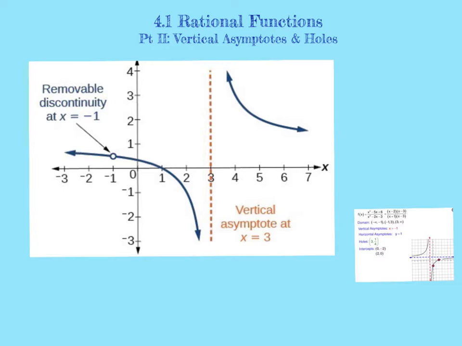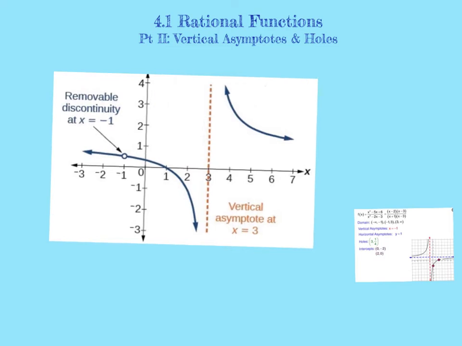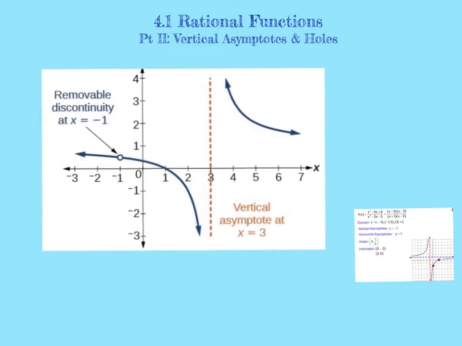So if you take a look at this big picture here, we have a vertical asymptote where x equals 3, and a vertical asymptote just means that our function approaches either negative or positive infinity as it approaches the vertical asymptote. So the way that we would talk about this vertical asymptote is that if we called this function f of x, we could write this in a really cool calculus way, and we could say as x approaches 3, now, from which side?